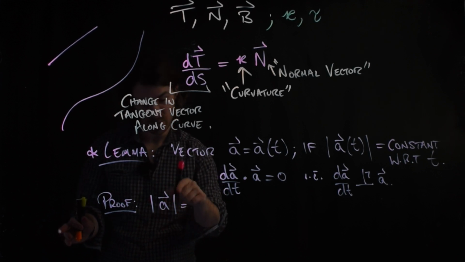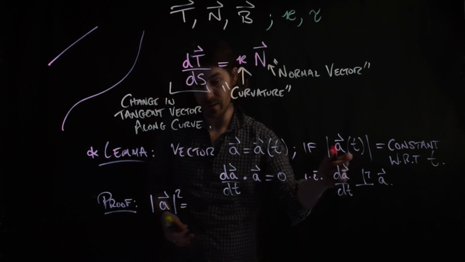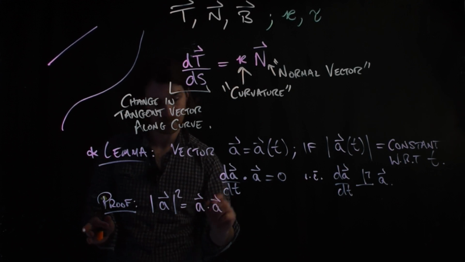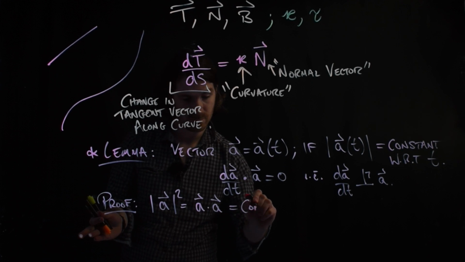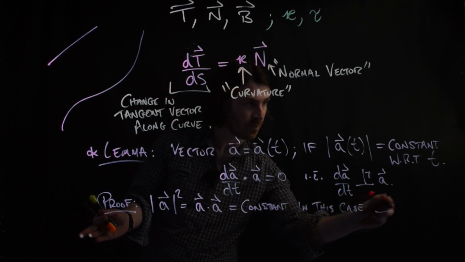We can think about the modulus squared. If the length of A is constant, then the length squared is constant, and this is just equal to A dot A. And this is a constant in this case.